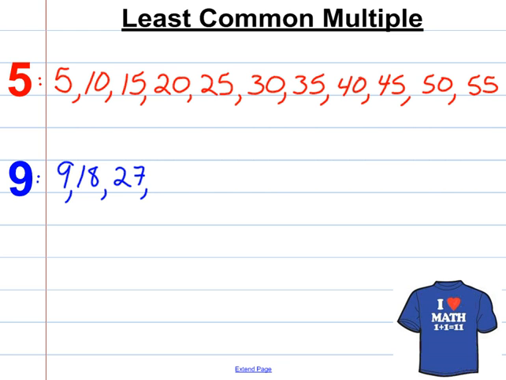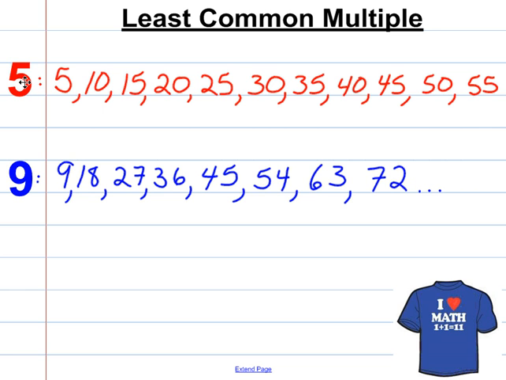Now, if we list the multiples of 9, we see 9, 18, 27, 9 times 4 would be 36, 9 times 5 is 45, 9 times 6 is 54, 9 times 7 is 63, and so on and so on. Now, I'm going to stop there. Usually, I tell students to list at least 10 multiples, unless the question tells you otherwise.